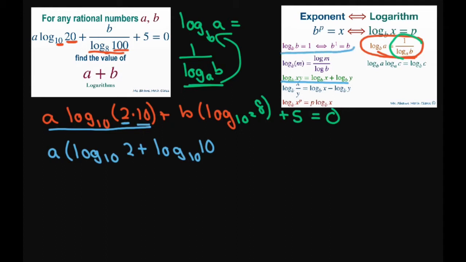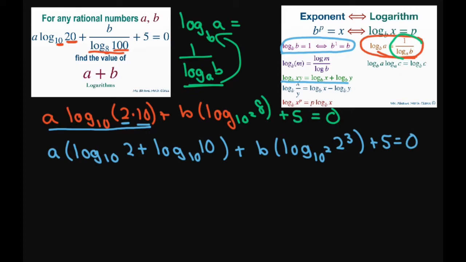Because I know log base 10 of 10 is 1, which will be helpful. Okay, for this one, let's just write this as b times log base 10 squared of 2 cubed. And then we have the plus 5 equals 0.